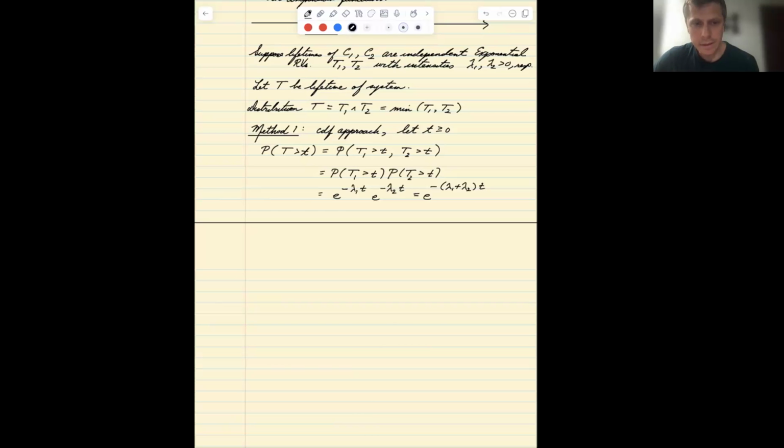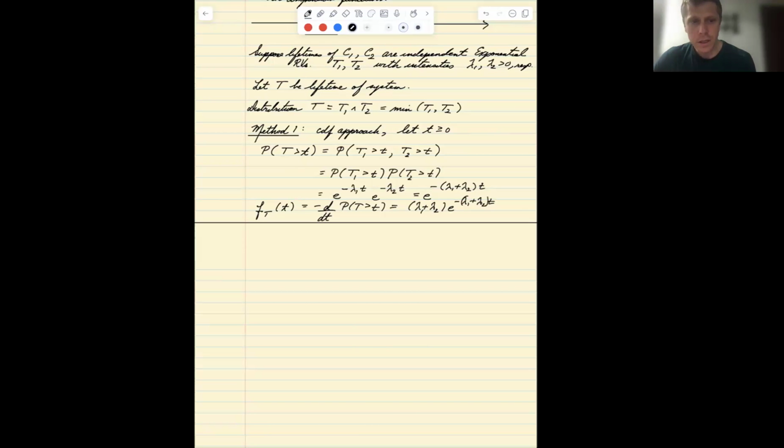Okay. And the density of this, which is minus the derivative of the survival function, is (lambda 1 plus lambda 2) e to the minus (lambda 1 plus lambda 2) t.